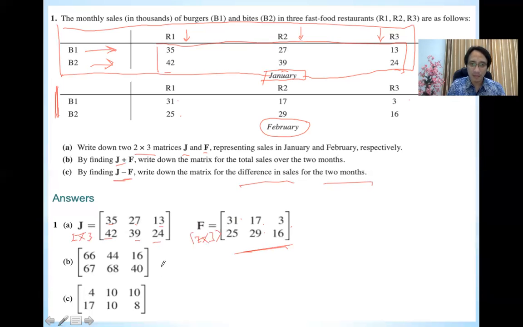The result must be 2 times 3, either plus or minus.